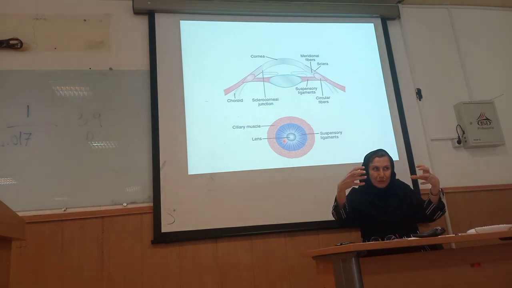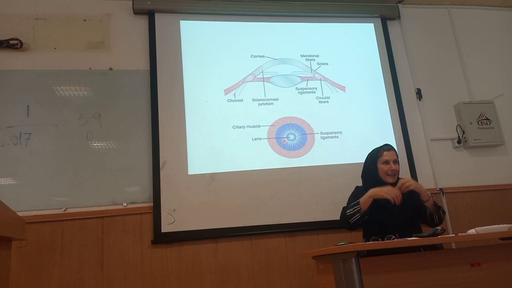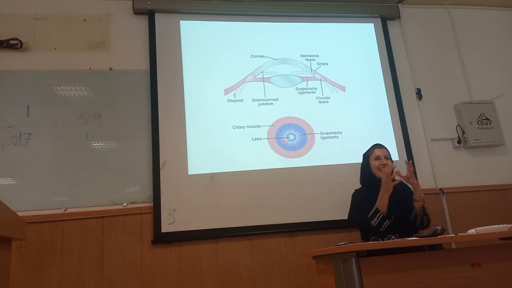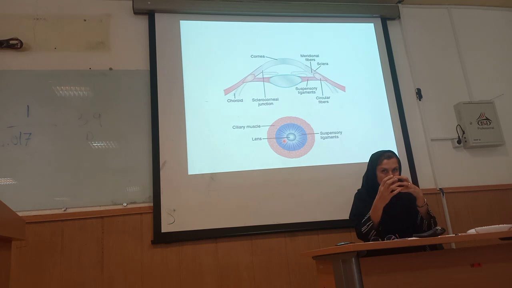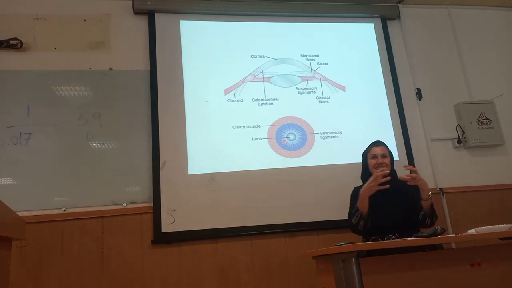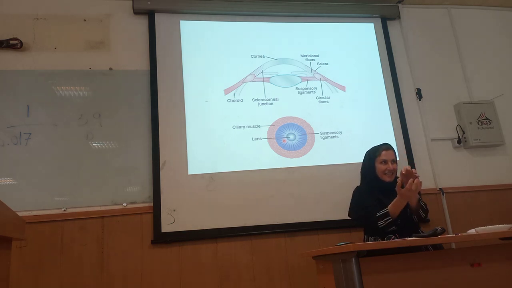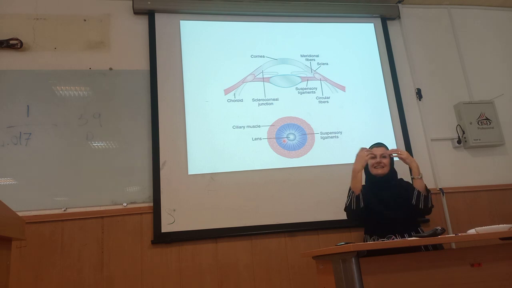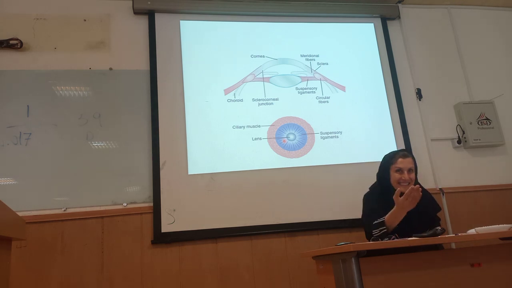When it comes to the middle, the pulling on the lens goes away, and because the lens is flexible, more than just transparent, it can increase its curvature. When the curvature increases, the refractive power increases.